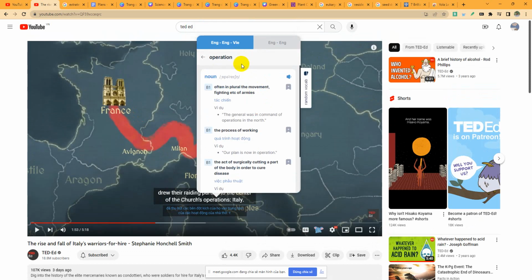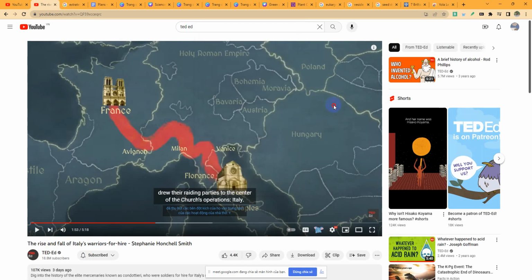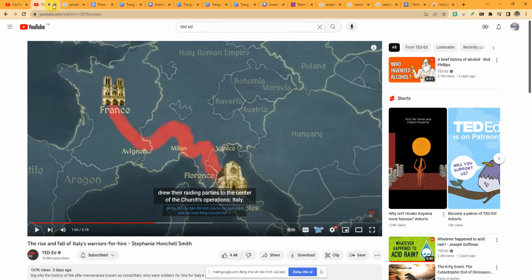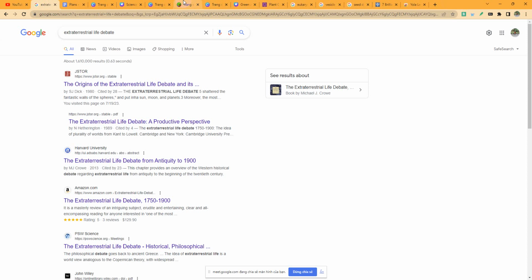You have both the Vietnamese definition and the English definition, and you can even save this new word for later revision into your own browser. So absolutely fascinating, isn't it? So yeah, that's another function of Yola Lexus. You can definitely download it from the Google extension, I guess.